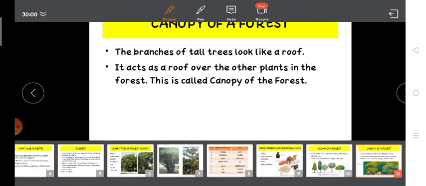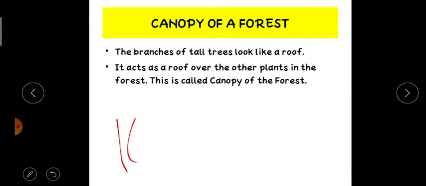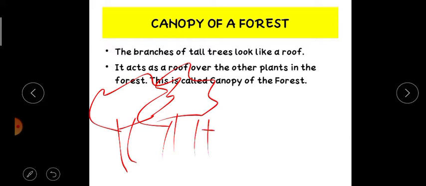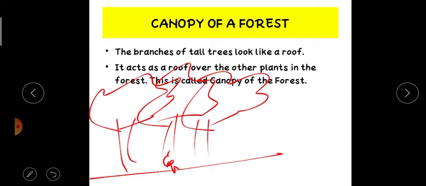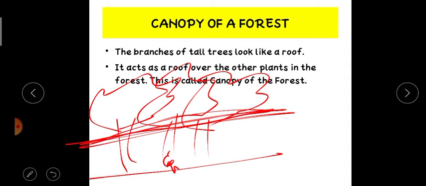Children, if we see the diagram like this, suppose here is a forest, here is a tree, here is a tree, here is a tree. Many trees are there. And if you stand here, you will see that this particular layer is completely covered up by the trees. It is almost like a roof.